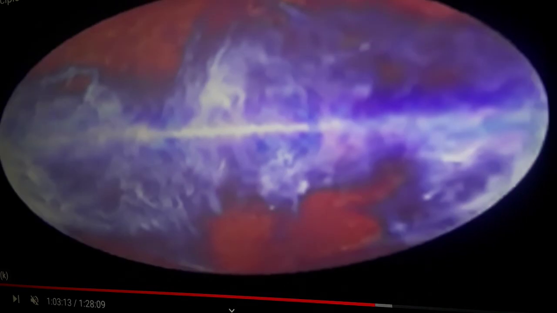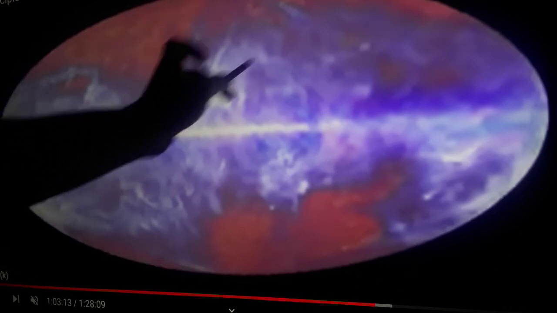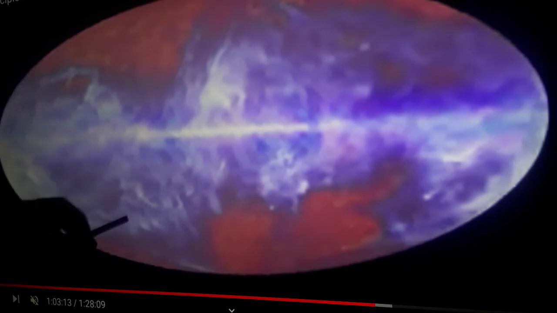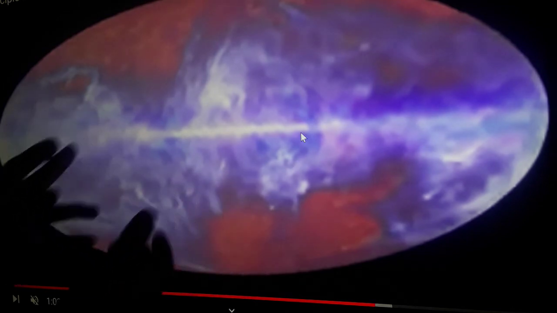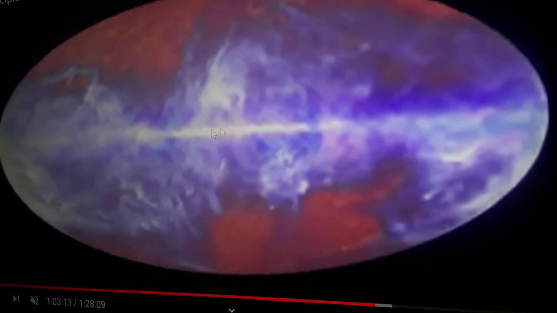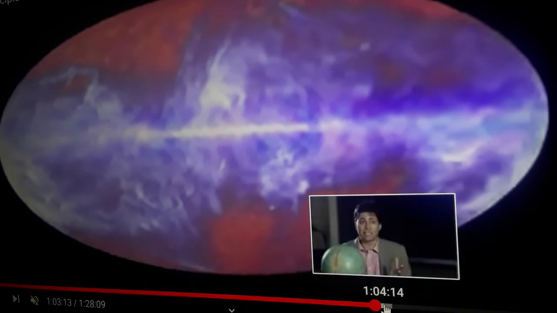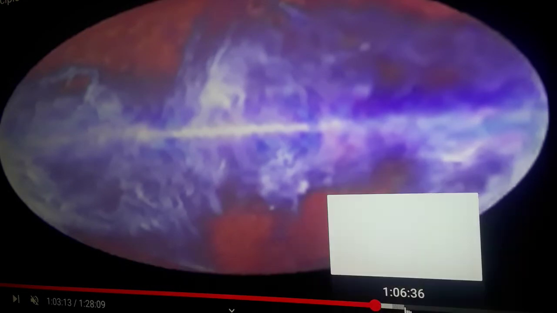Now, what happened is they got the microwave background, and they would put in these numbers, factors of 2, 3, and it started dividing it up into hot spots and cold spots, which match the hot spots and cold spots on our planet. That's how we get the seasons. And it's even divided up into different parts. When they bring it all together into a sphere, we are smack dab in the middle of our universe.